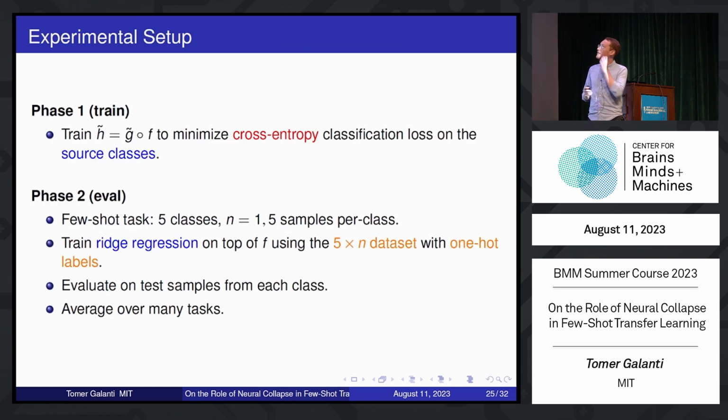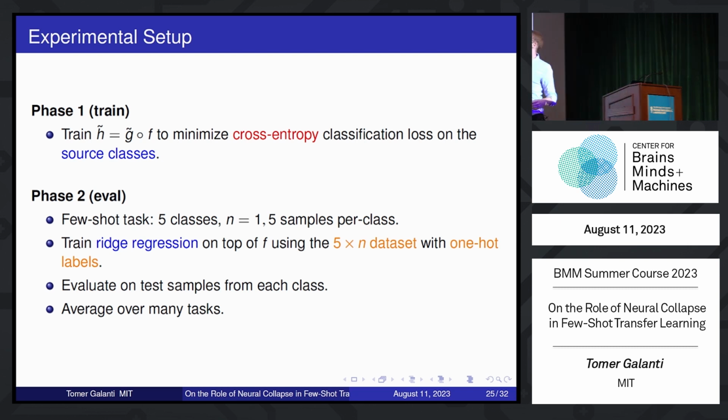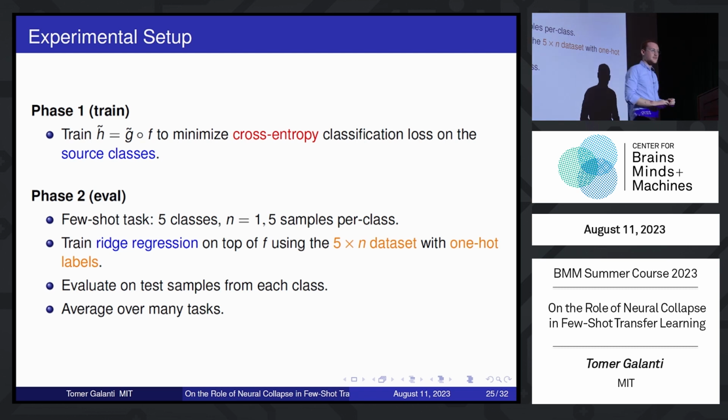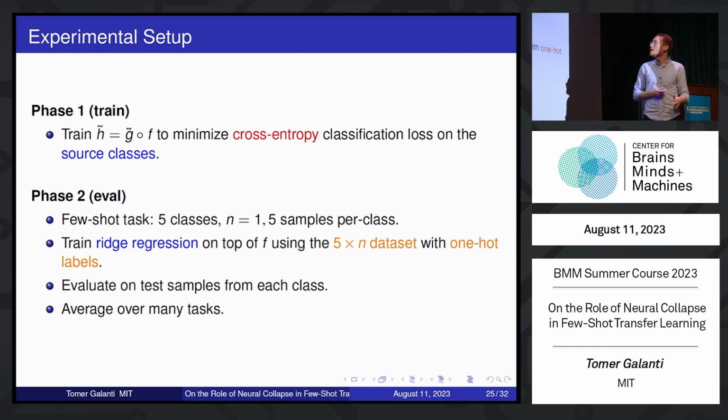So in terms of experiments, we wanted to validate that this approach is useful for FewShot learning, which is in itself non-trivial, but also wanted to see how it behaves. So we have two phases. In the first phase, we pre-train a model using cross-entropy loss minimization on a set of source classes.